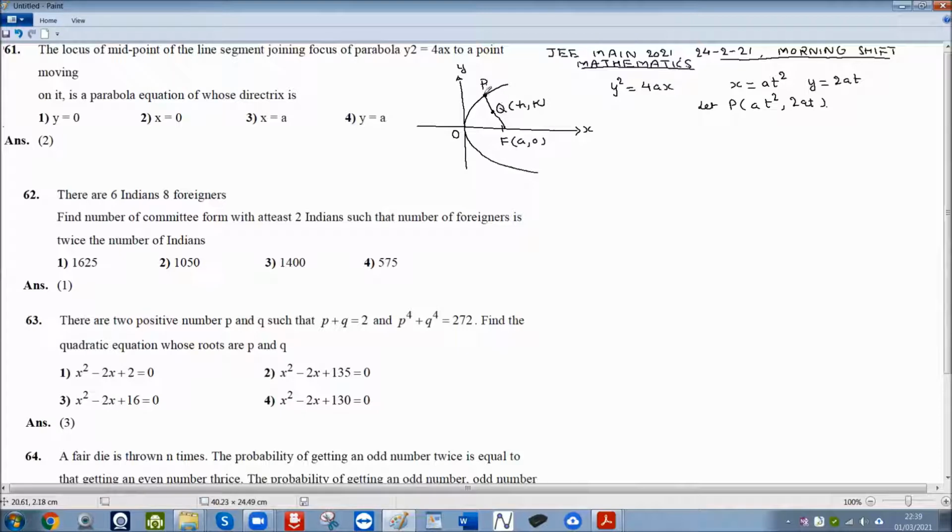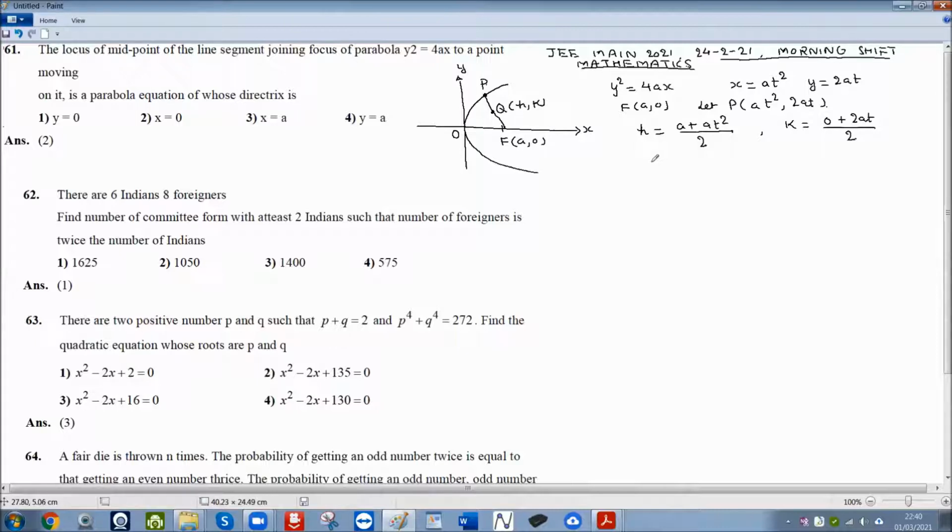Now from the midpoint formula we can easily identify that h should be equal to a plus at square divided by 2, and k should be equal to 0 plus 2at divided by 2.